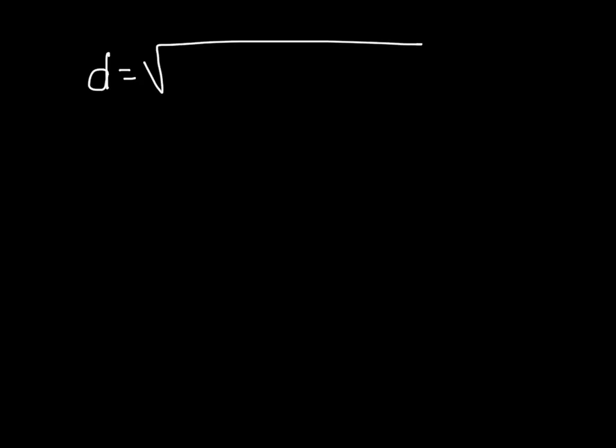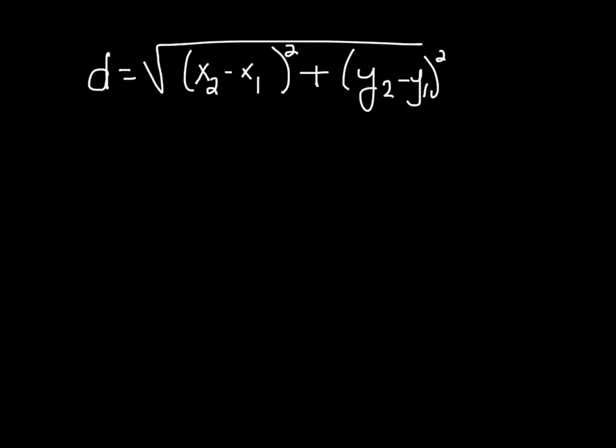You're going to take the square root, and you are going to subtract your x-coordinates. You're going to subtract your y-coordinates. You square both of them, and then you add them together. And then you take the square root of your final answer. The distance formula is actually based on the Pythagorean theorem, which you've already done.